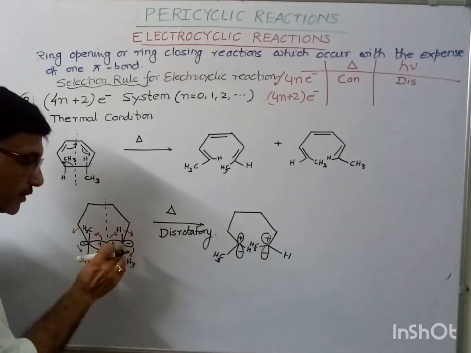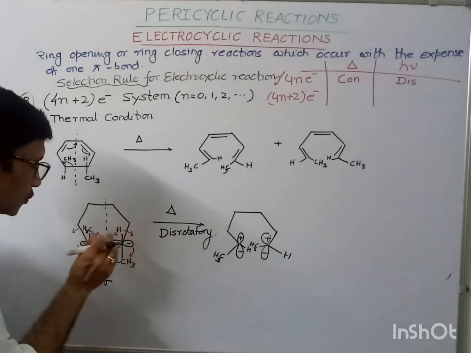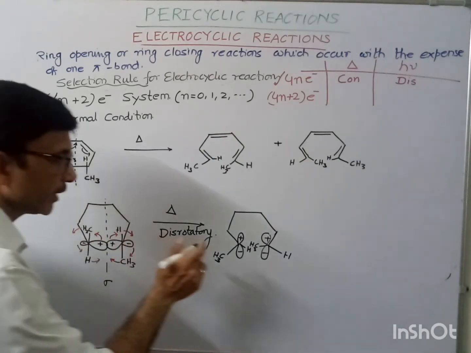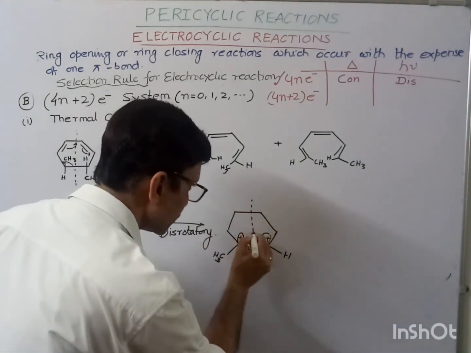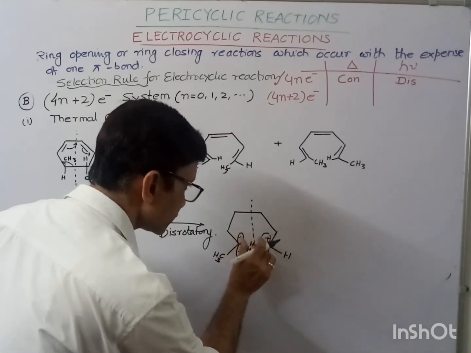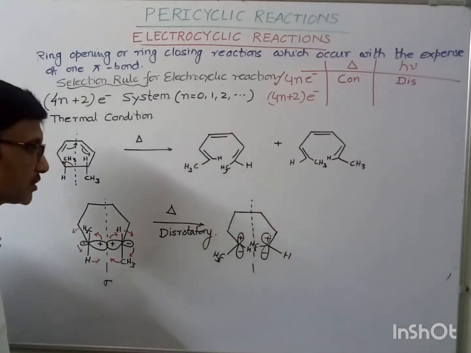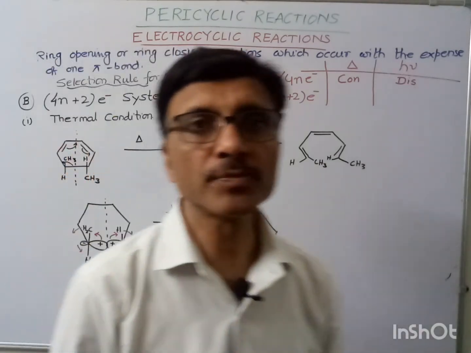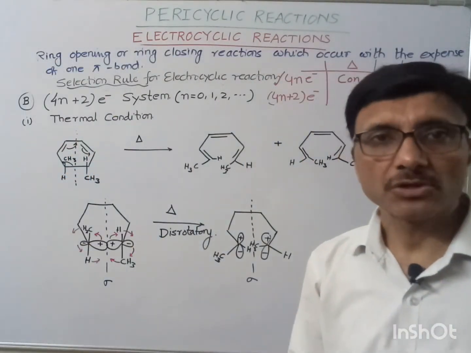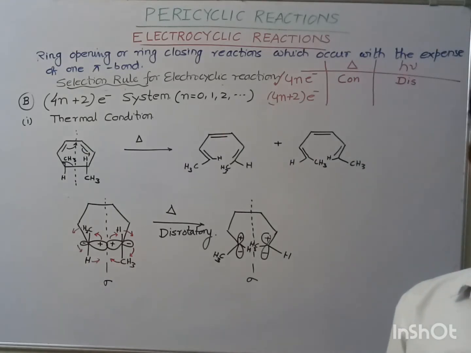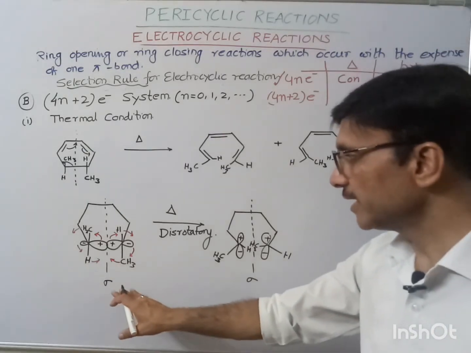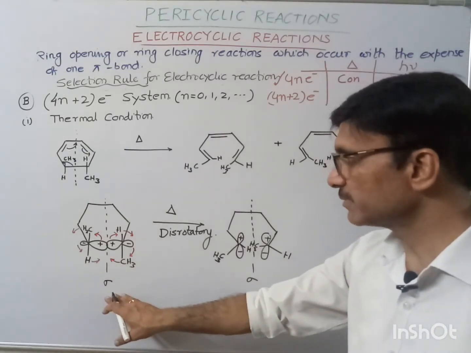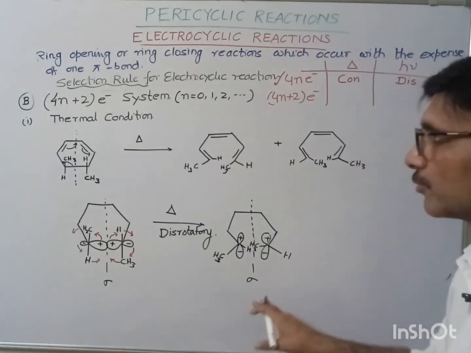I am only concerned with the symmetry of the orbital, not the symmetry of the substituent. These orbitals are also symmetric with respect to sigma. So during this rotation, sigma symmetry is maintained in reactant and in product.